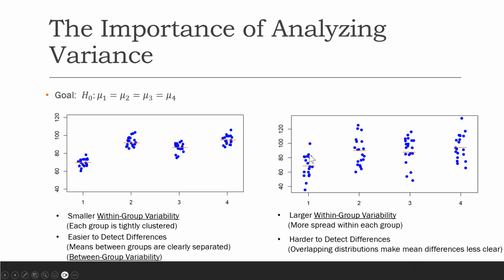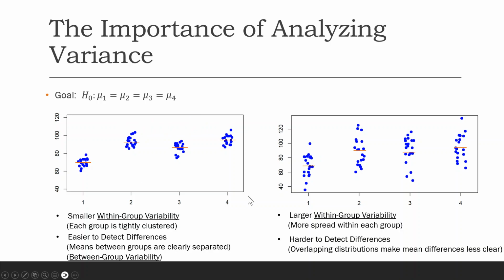It's harder to see that in general, the individuals in group 1 are different than the individuals in group 2, because there's a lot of overlap between those distributions, or the spread is so wide that there's a lot of overlap. It makes it harder to detect the differences in group performance when our within group variability is larger as compared to when it is smaller.